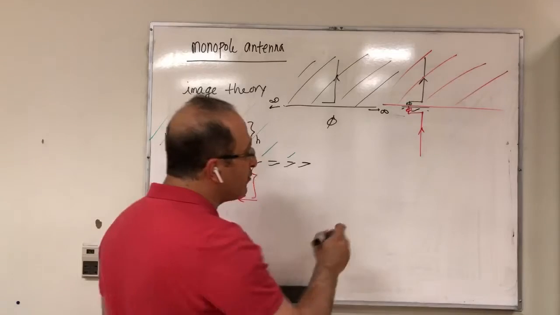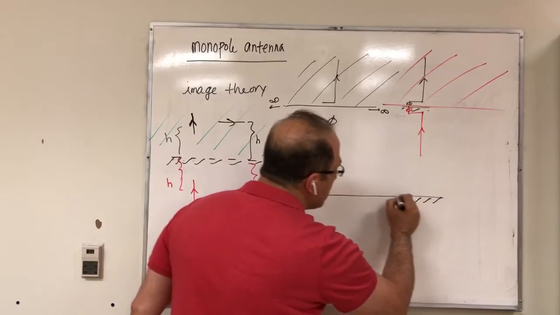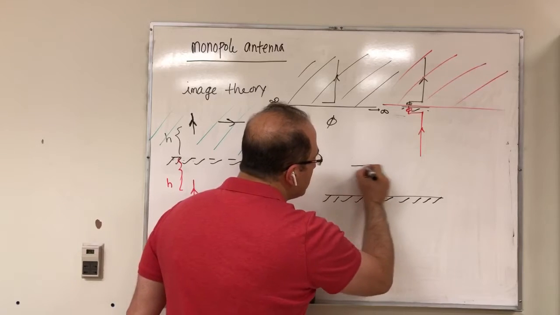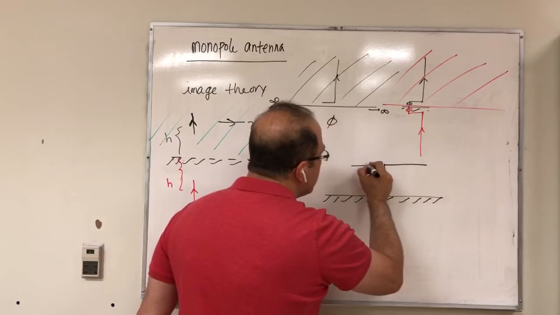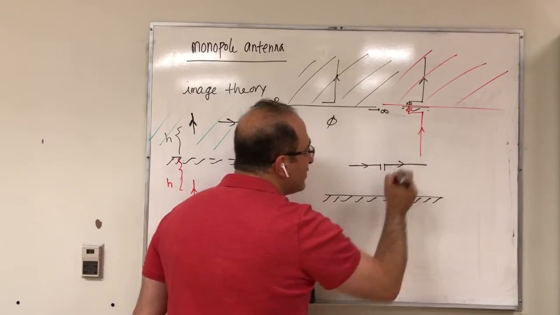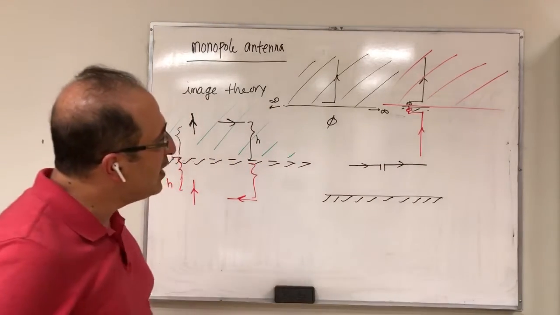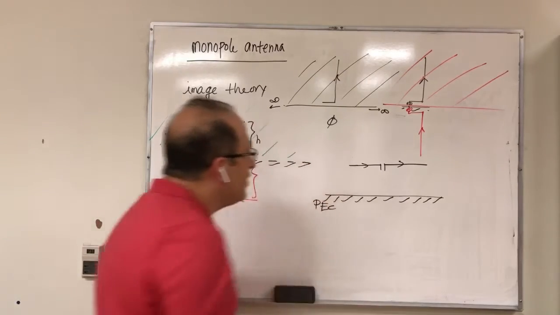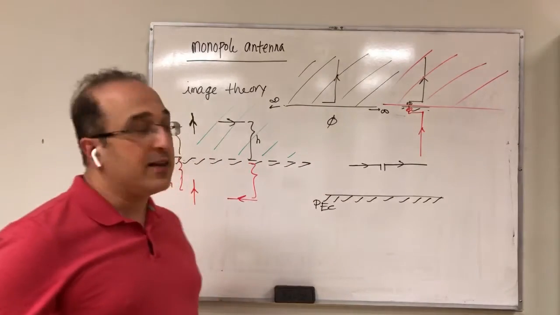Forget about the monopole for a second, and let's use a dipole antenna. So let's assume that you have a dipole antenna like this. And as you know, a dipole antenna has in-phase current if it's, for example, half a wavelength. So let's assume you have an antenna and you have a PEC here, and you want to analyze this antenna system.